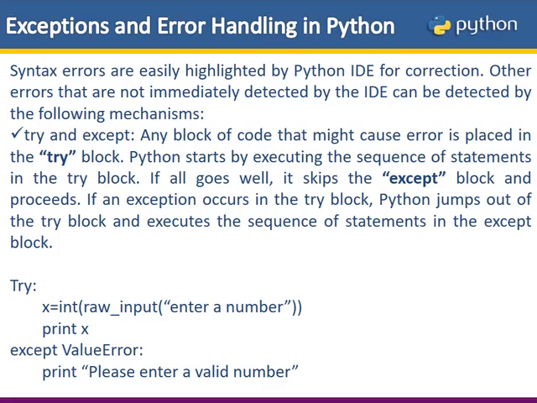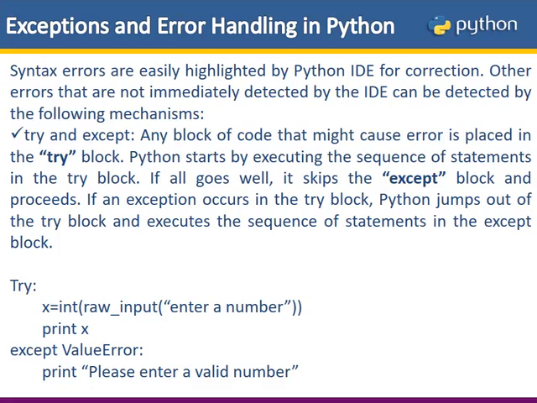Now we use except because an error occurred in the try block. Python jumps out of the try block and executes the sequence of statements in the except block, which is except ValueError, print please enter a valid number.